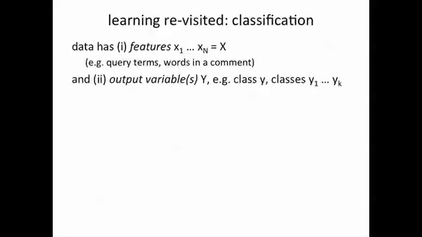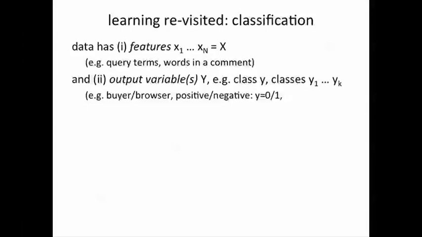And then we have some output variables, which are the labels that we would like to assign to a class, whether a positive sentiment or a negative sentiment, or a buyer or a browser. In this case, we'll say the output variable is 0 if it's a buyer, a 1 if it's a browser, a 0 if it's negative, a 1 if it's positive, and so on.